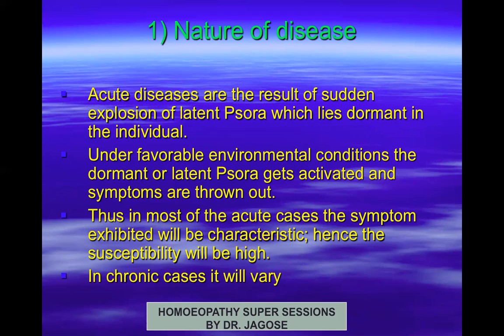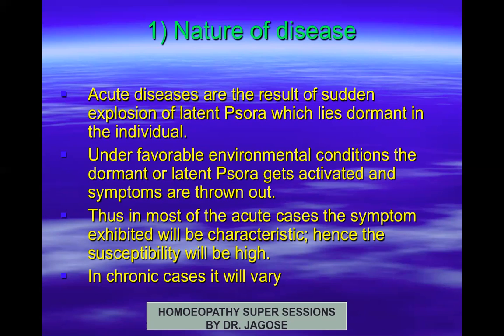So what happens? When the noxious influences are more powerful than the energy of the vital force, they will activate the dormant or latent or slumbering or inactive psora. And this gets activated, and once it gets activated, it can be compared to a volcano which erupts with great intensity.